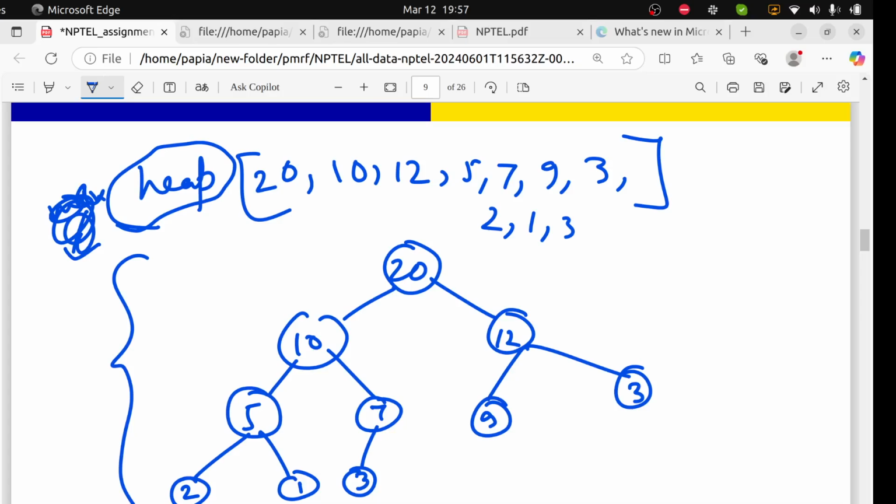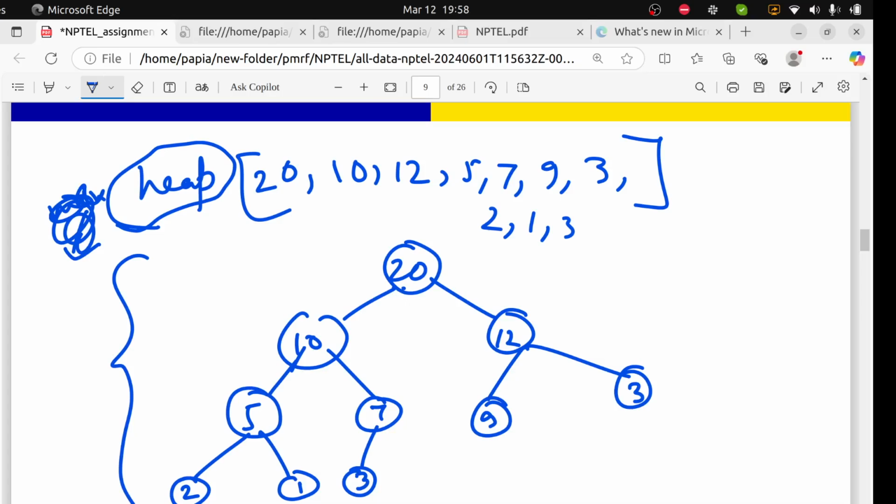So heap is nothing but, if you just see this type of list of numbers, you will definitely write at the very first this one, then left side, right side, then this one will come, this left side, okay, because it is filling from the left to right.